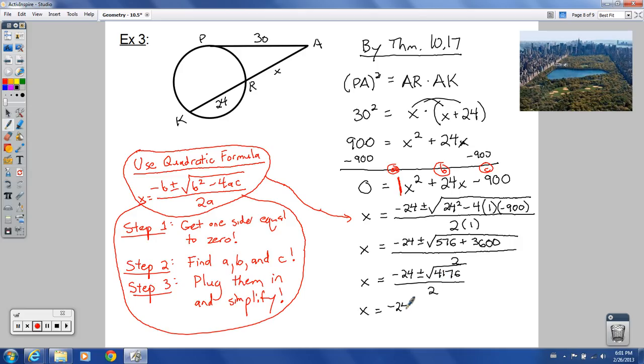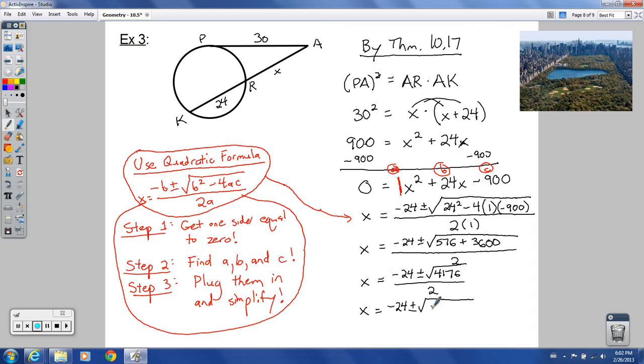So negative 24 plus or minus. Don't forget how to simplify radicals, how to find simplified radical form. We could take this and divide it by perfect squares. You could break it up the factor tree way, into all the prime factorization parts.